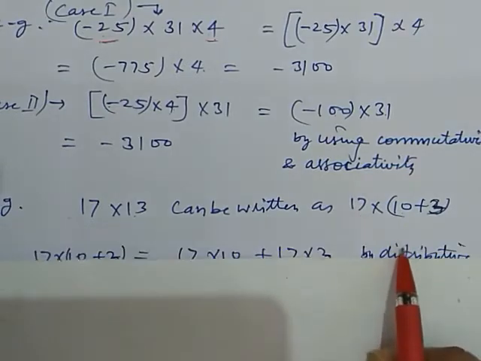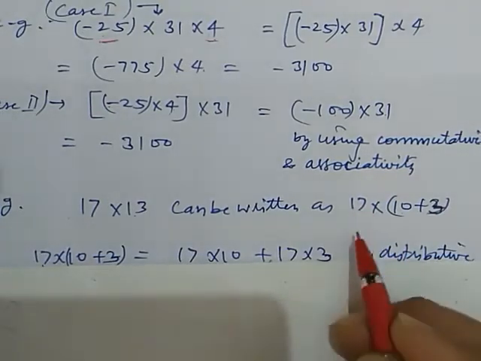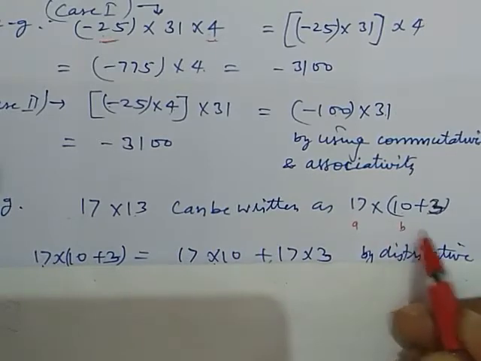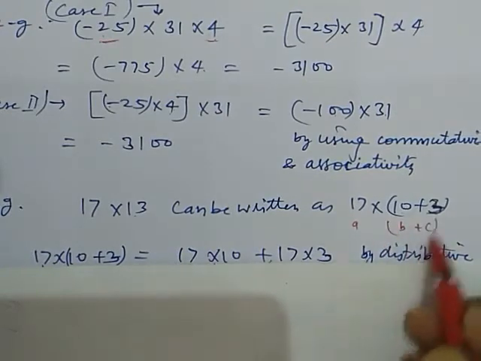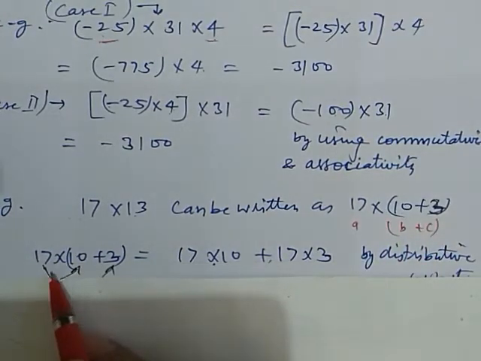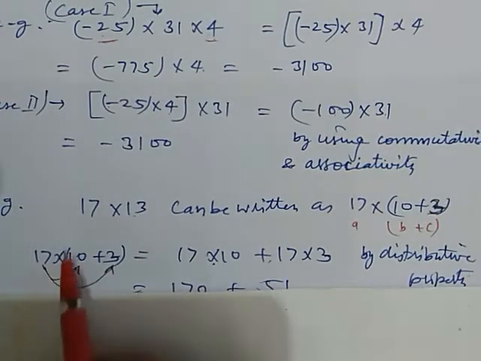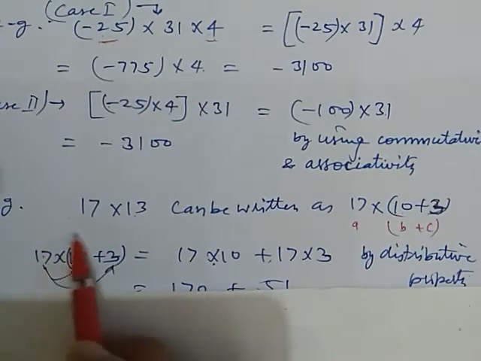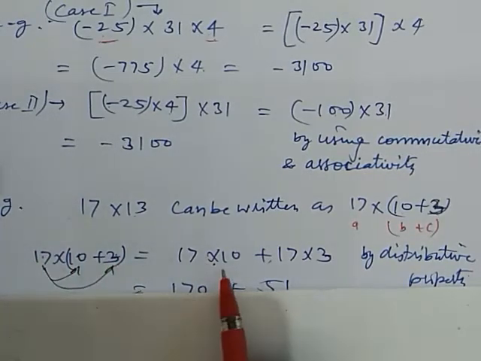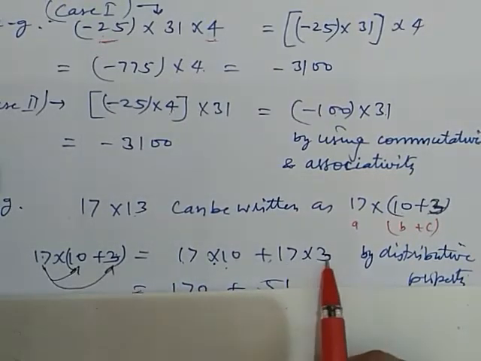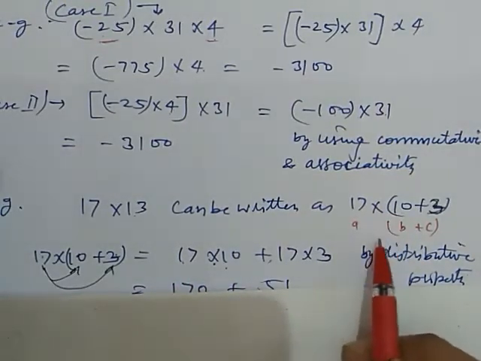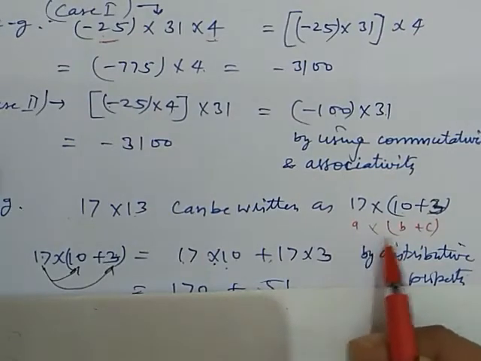This becomes A and this becomes B plus C. So by using this we can multiply first 17 by 10 and then 17 by 3. So we get 17 into 10, 17 into 3. This is our property of A into B plus C.